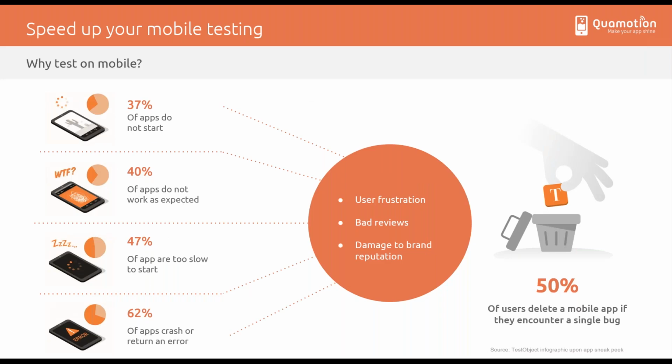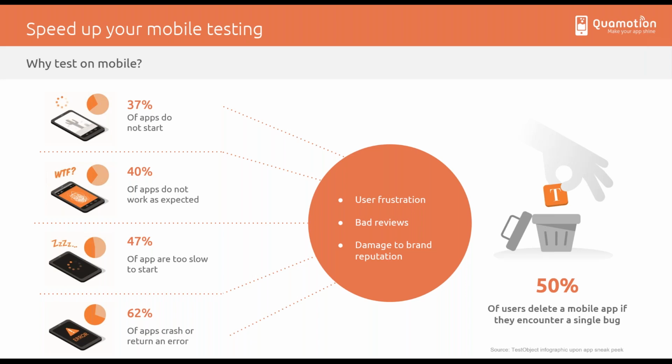However, there are still a lot of issues with mobile applications. On this slide, we've listed the most common issues. For example, there are still a lot of applications that simply do not start on the device of some users, or applications that don't work as expected, that are slow, or that just crash. These issues all cause frustration, bad reviews, and damage to the reputation of your brand, and eventually the users will delete your mobile application and download a competing app from the App Store.